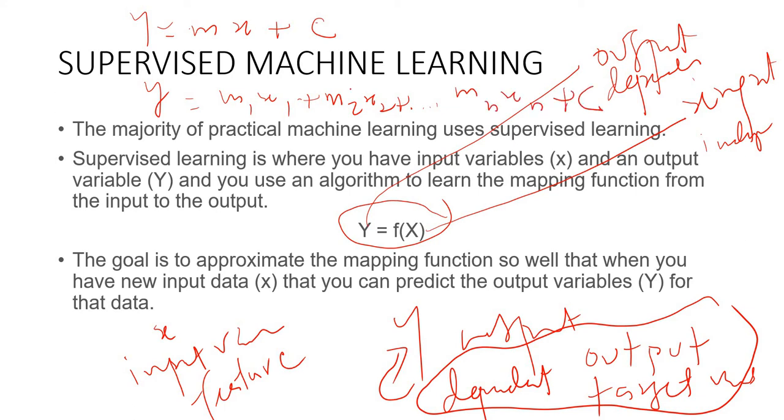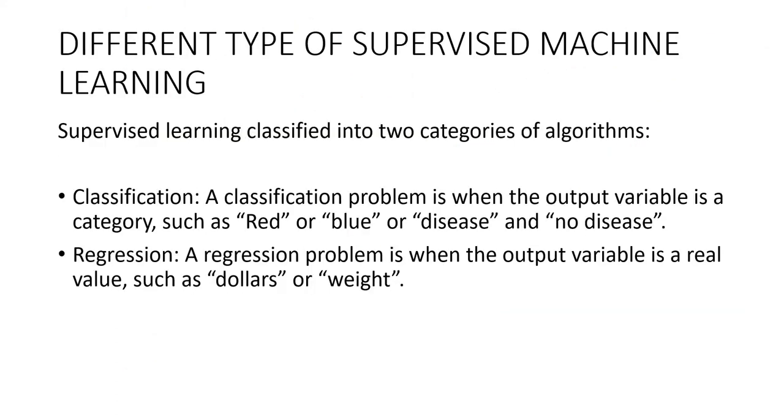Here x1, x2, x3, xn are the features and y is the target variable or output variable. You got it. So the goal is to approximate the mapping function so well that when you have new input data x, you can predict the output variable y for that data. That is known as supervised machine learning.